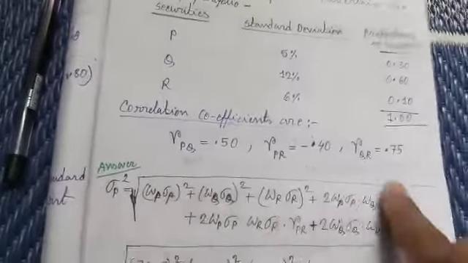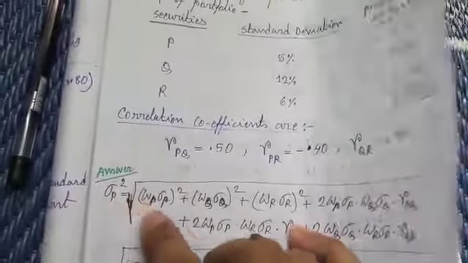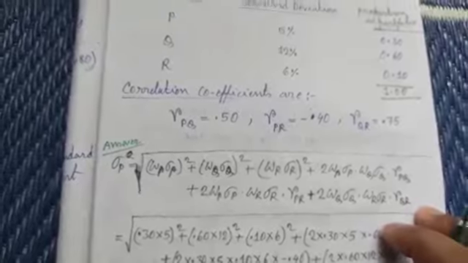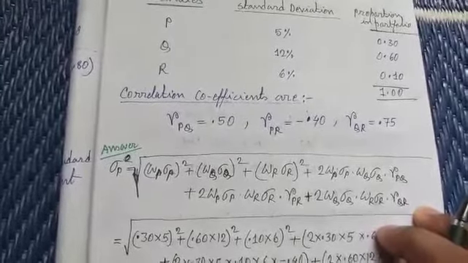This is the formula for ascertaining the risk of a portfolio consisting of 3 securities.